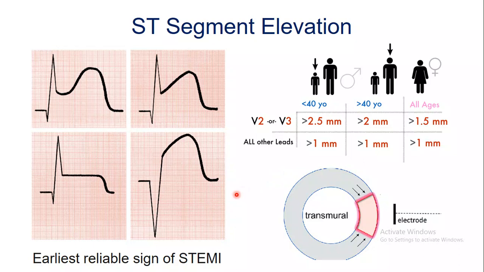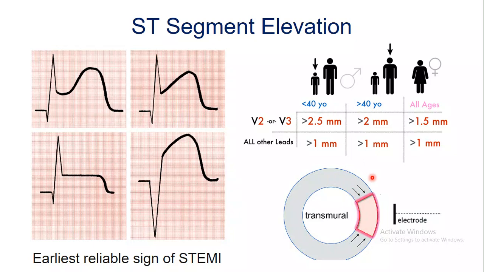ST segment elevation denotes an acute occlusion of an epicardial coronary artery, and this is one of the most common cardiac emergencies. So diagnosis of ST segment elevation is life-saving. The explanation of ST segment elevation in myocardial infarction patients has very complex theories, but the simplest one is that in transmural myocardial infarction there is a current of injury related to electrolyte imbalance due to deficiency of ATP.